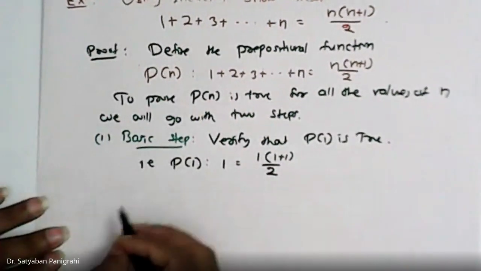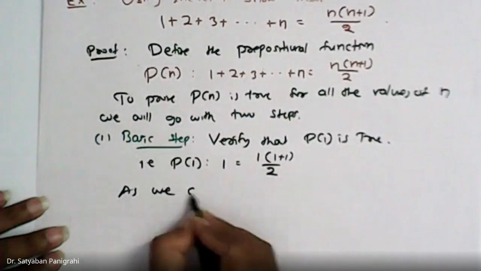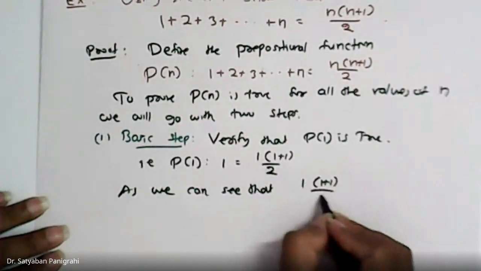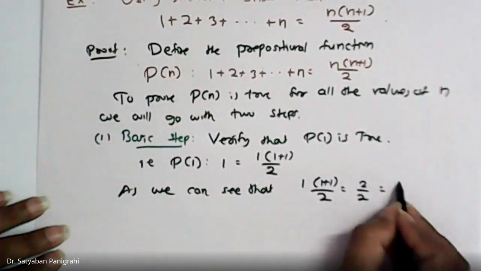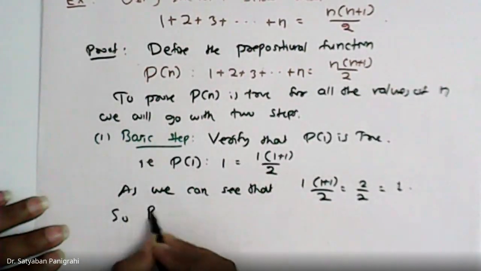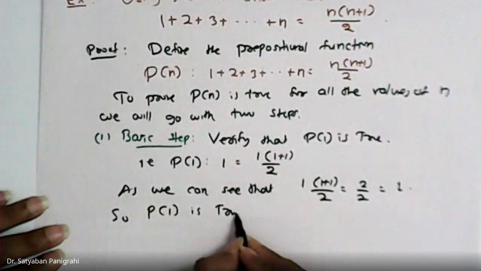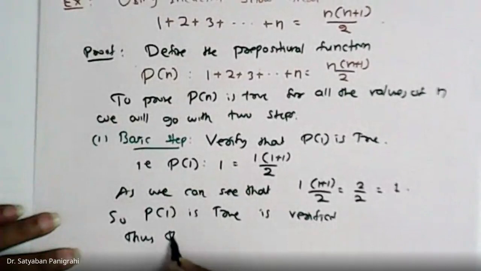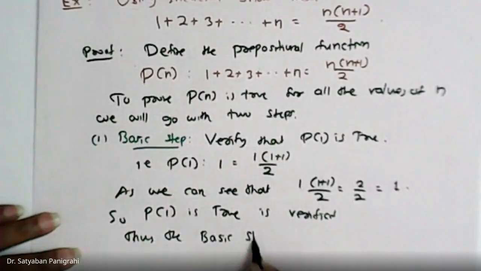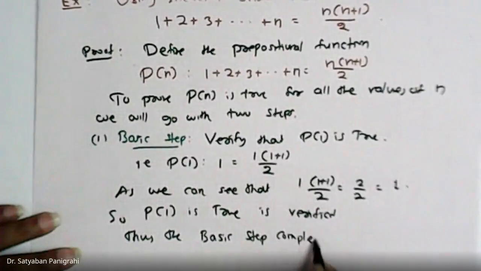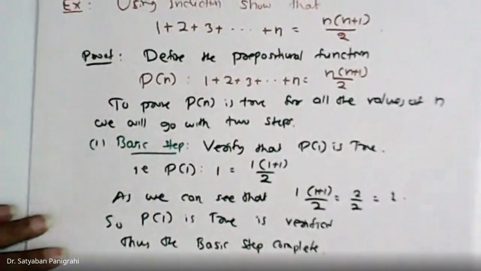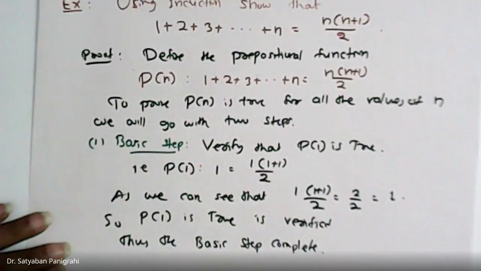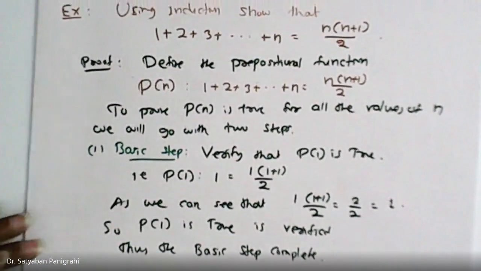Now, as we can see, 1 into 1 plus 1 divided by 2 is equal to 2 divided by 2 equal to 1. So, P1 is true, is verified. Thus, the basic step is complete. Right? That means in the basic step, we simply verify that the statement Pn is true for n equal to 1 or not. That's simply a verification we can see.